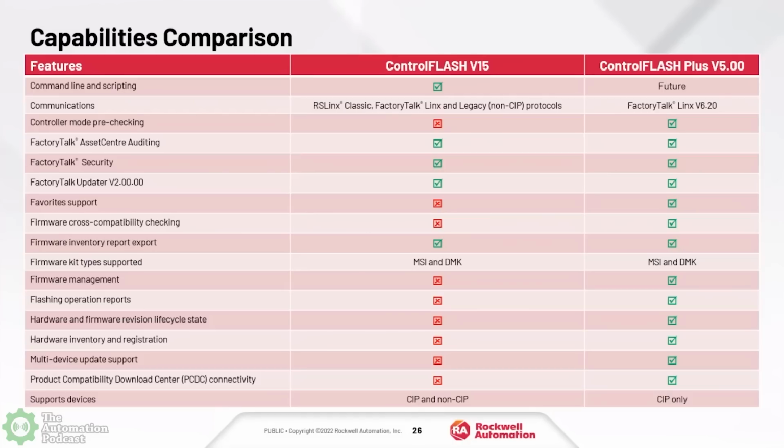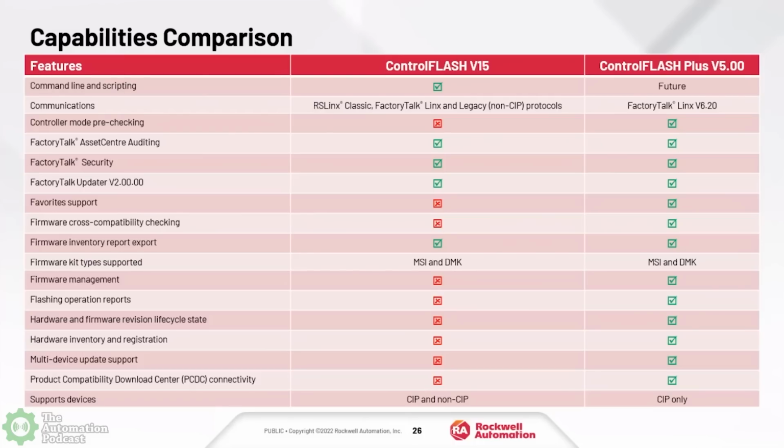But when we're looking at the features between the two, and you're following the software version lifecycle management, as we're looking forward, RSLinx Classic is getting older. FactoryTalk Linx, starting in 6.2 and above, is where Control Flash Plus is supported. So you really have to look at these added benefits. Are you trying to do cross compatibility checks?